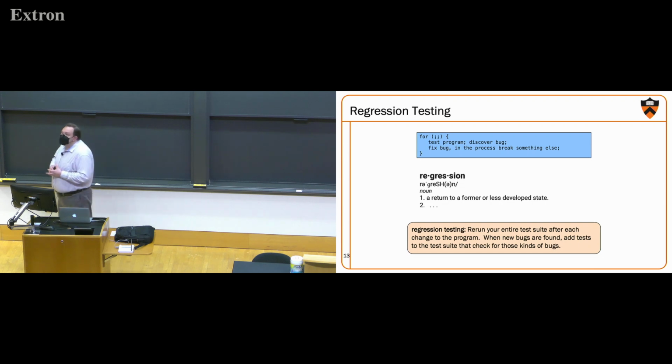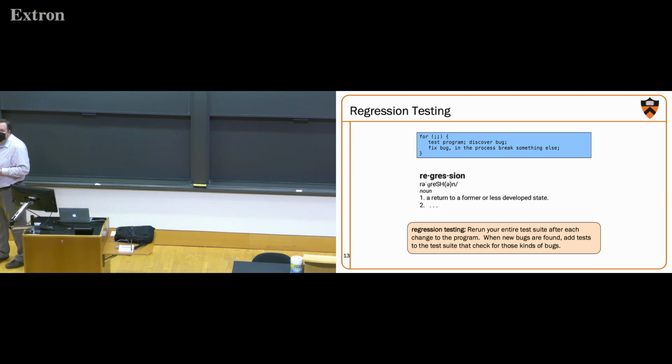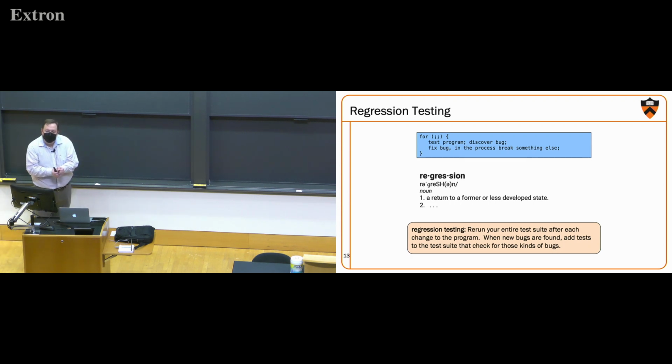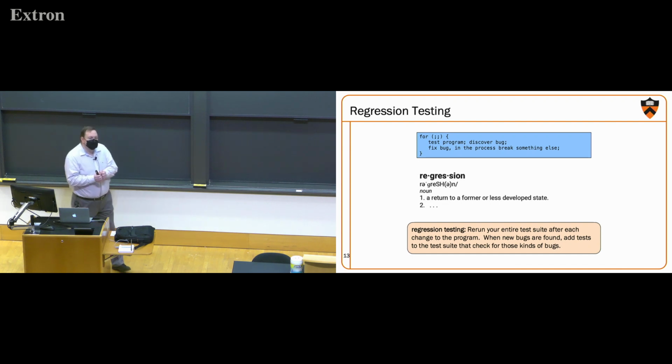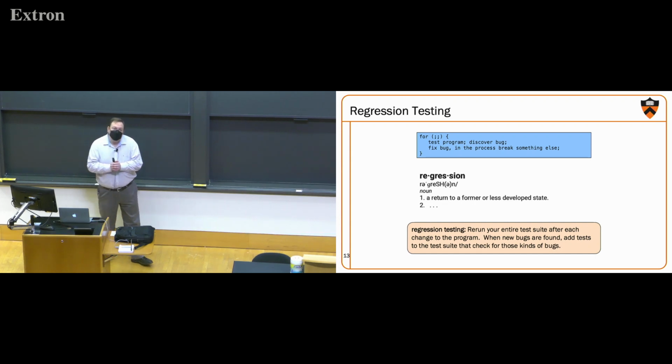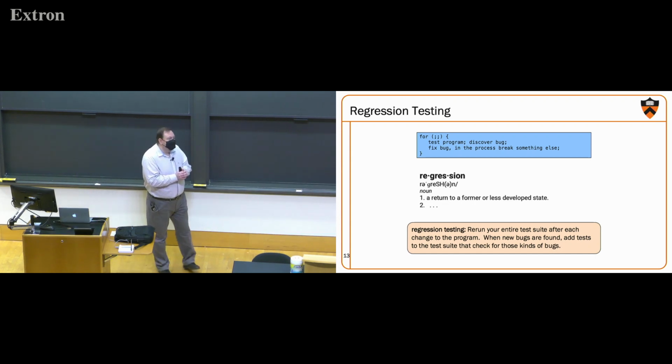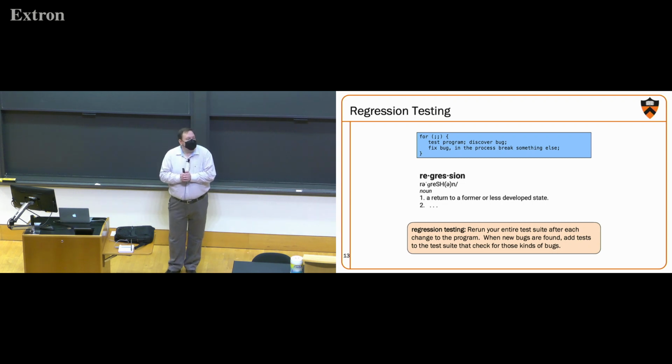All right, so this is a very good general strategy. And the reason it's important to compile all of that into a single program is that you want to use it in a strategy known as regression testing. So regression, in this case, means that something regressed.